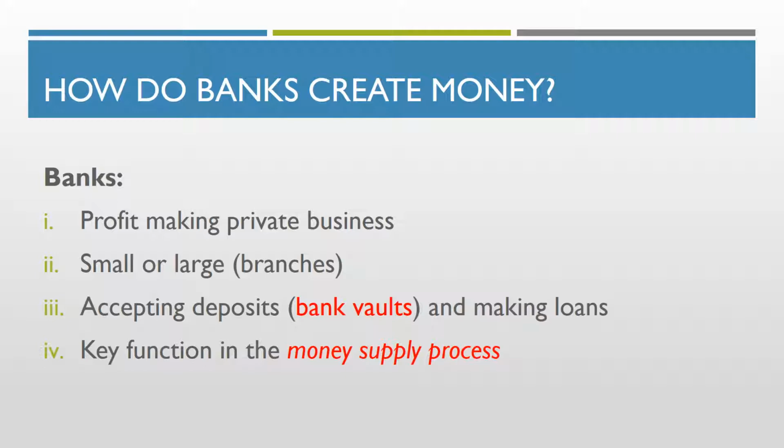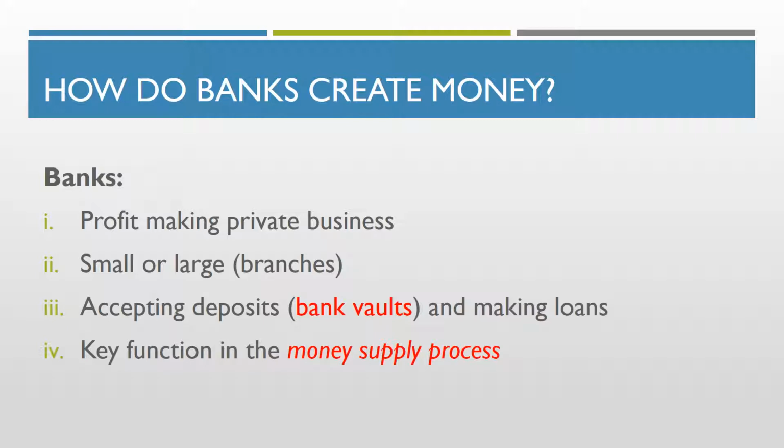Banks have a function to accept deposits, sometimes called a bank vault, and to make loans using the deposits. The key function is to accept deposits and promise the depositor that they are going to pay interest on the deposits.